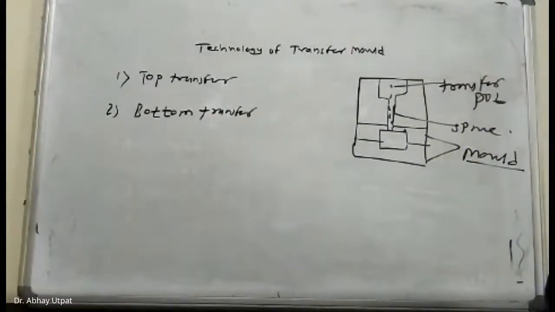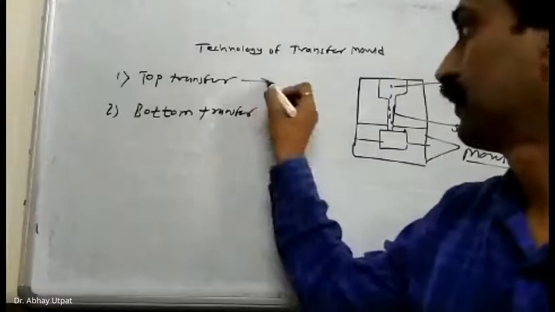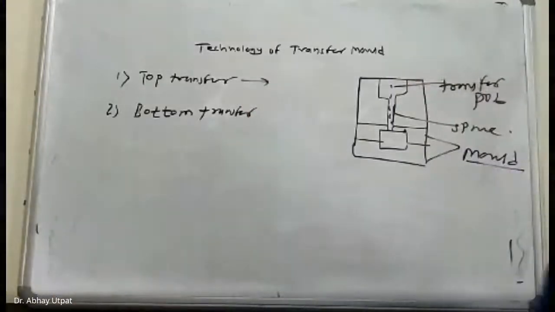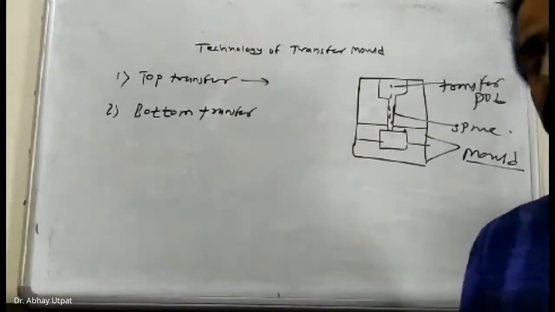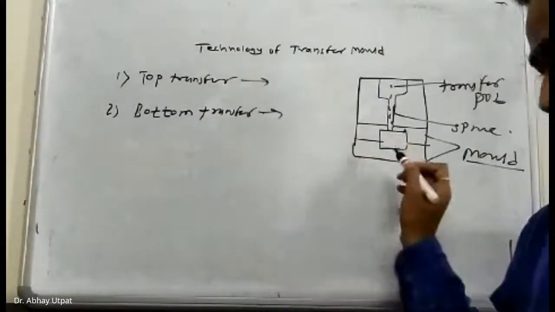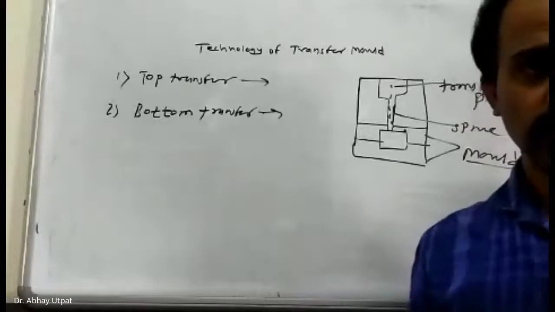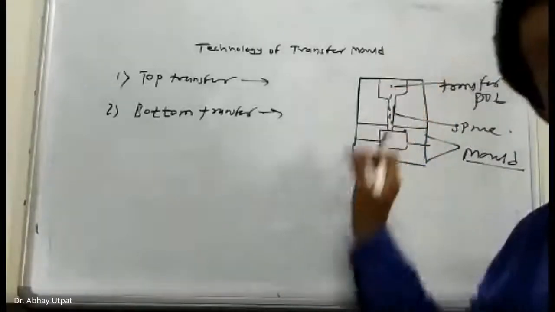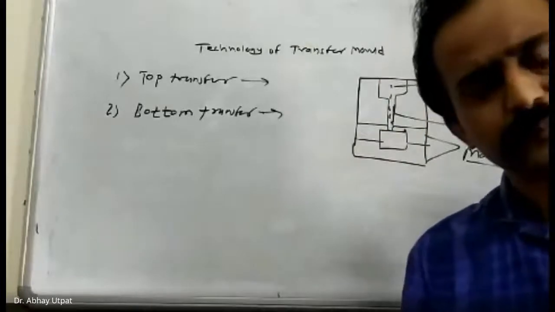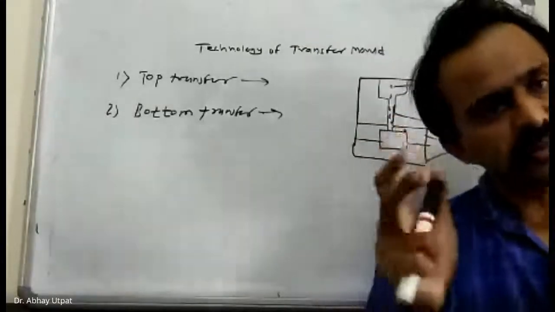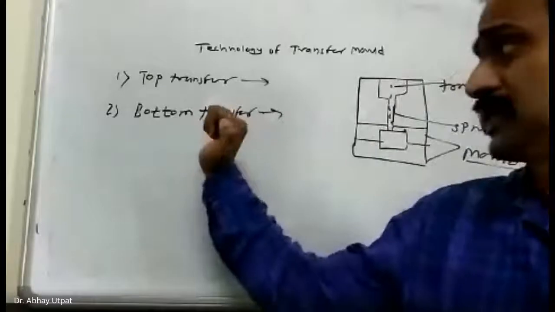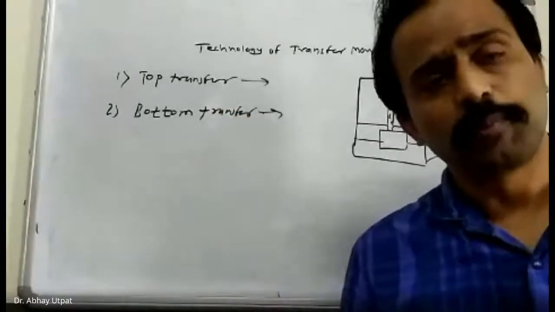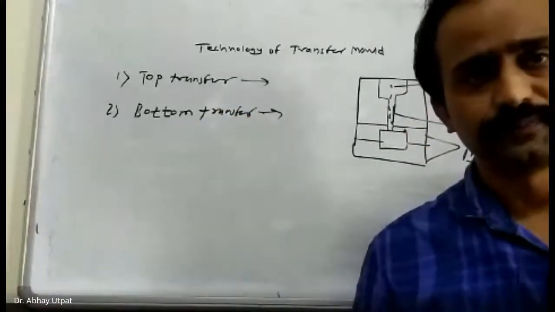In this case, the mold is closed, and then the material shot is kept in the transfer pot. And here the mold is initially open, and then the material is kept in the transfer pot and then transferred. In the end, during the process, the mold always remains closed, but initially in this case the mold is kept open and later on it is closed.